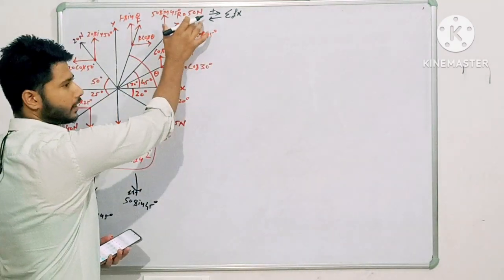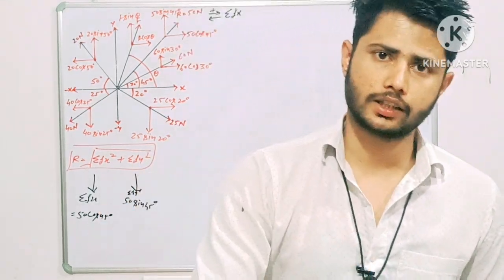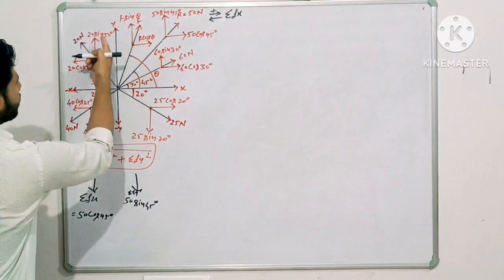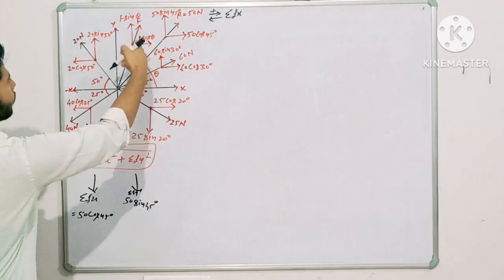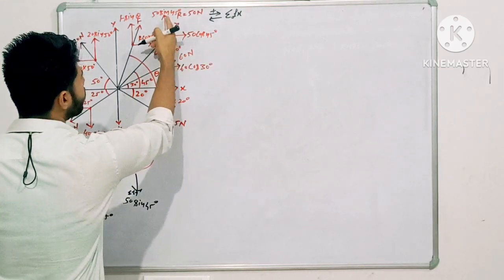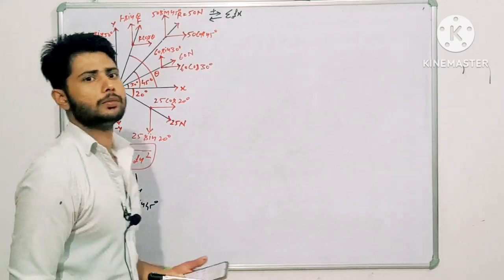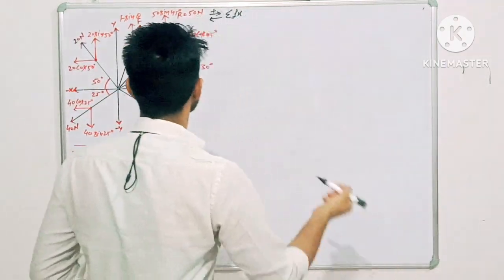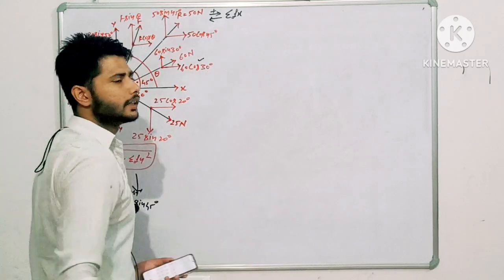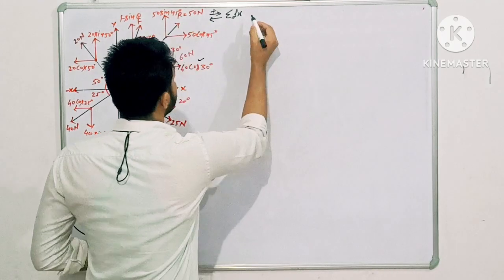Now, the summation of all these horizontal forces will be equal to 50 cos 45 degrees, because the resultant has been already given. So come first: 60 cos 30 degrees is going in the right direction, so you have to take it positive.